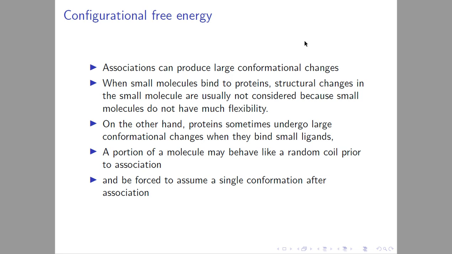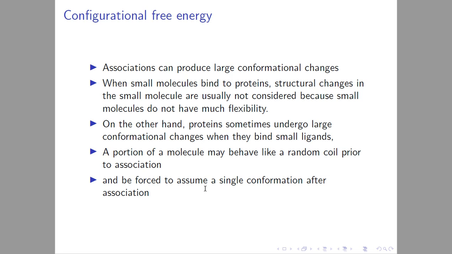Let's say this protein goes from an L shape to a V shape, so it changes its conformation. A portion of the molecule may behave like a random coil before association and be forced to assume a single conformation after association.